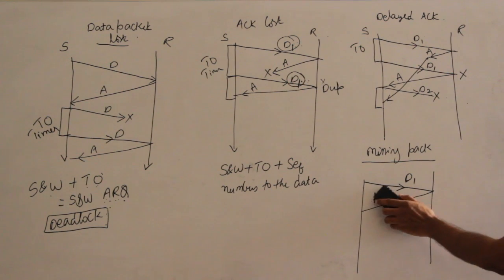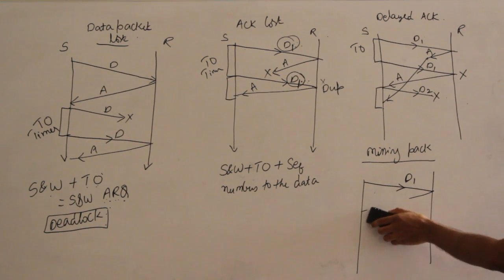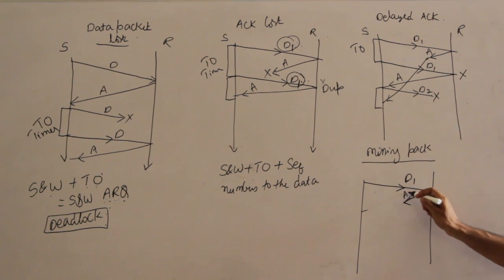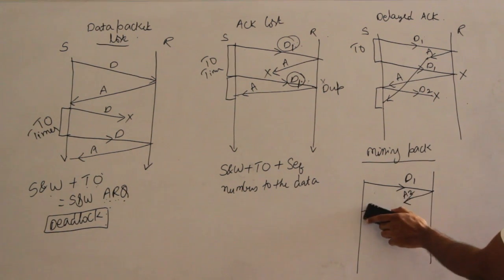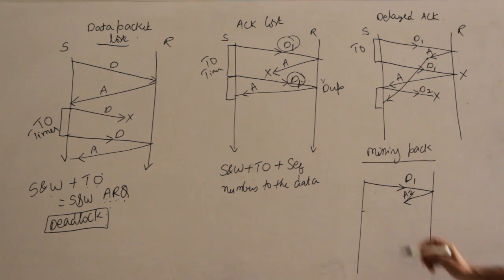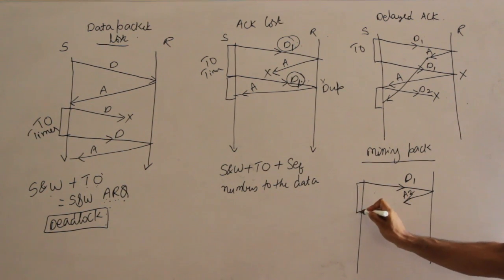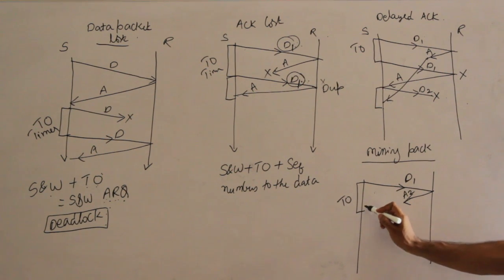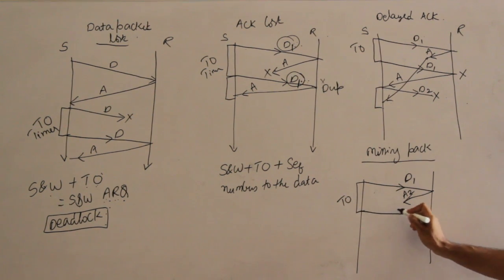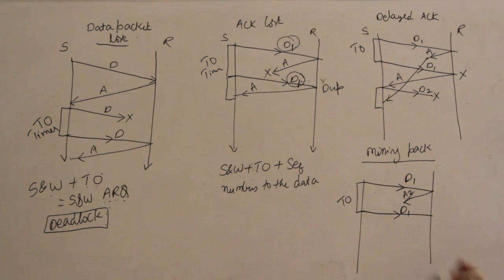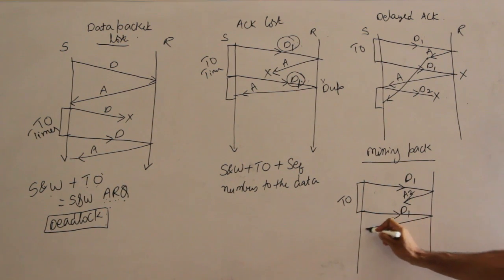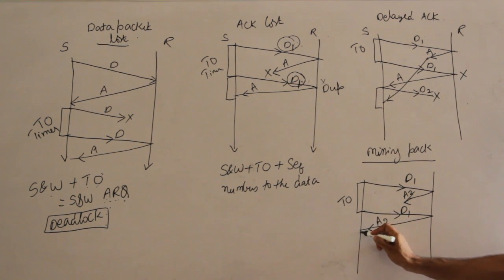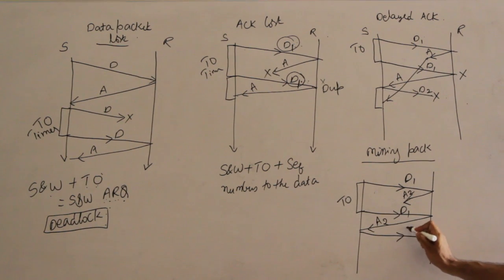Now let us assume that this acknowledgement number A2 is still on the way and we didn't receive it, and there is a timeout. In this timeout, you have again sent the data packet D1 and you got the acknowledgement number A2 again, and now you are sending the data packet D2.